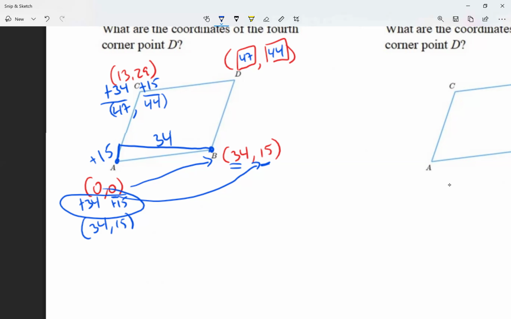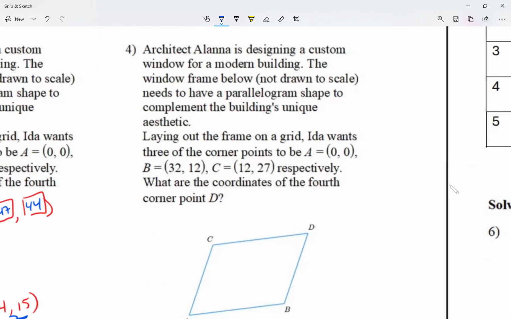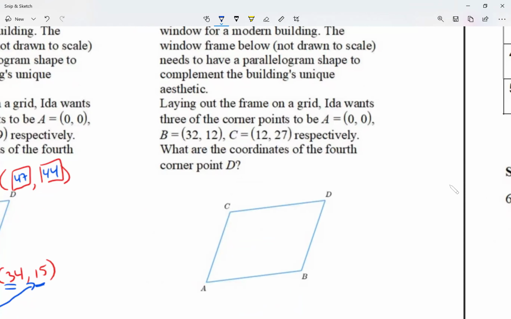Right now I'm going to be like, wait a minute, I'm not too sure on this. Let's take a look at a similar example, question number 4. Architect Alana is designing a custom window for a modern building. The window frame below, not drawn to scale, needs to have a parallelogram shape to complement the building's unique aesthetic.